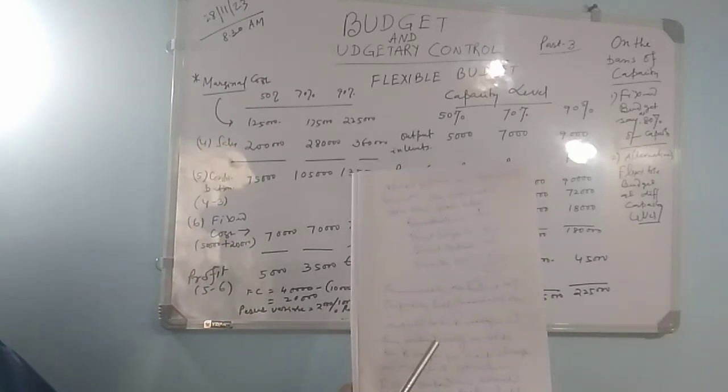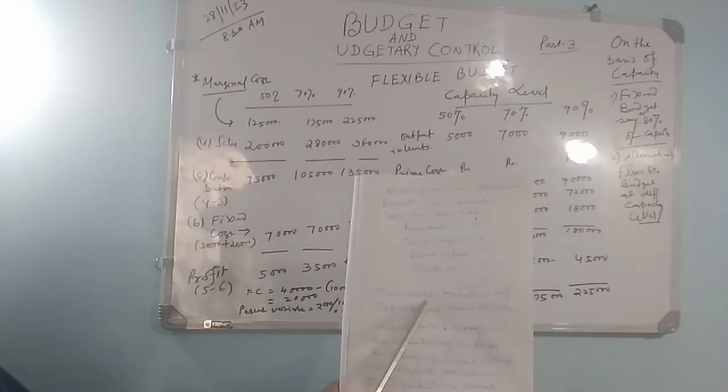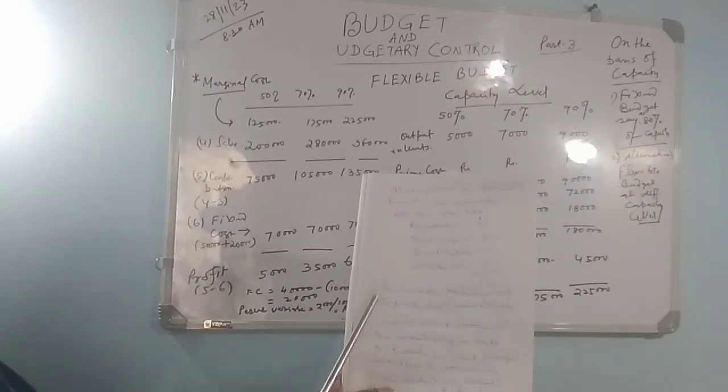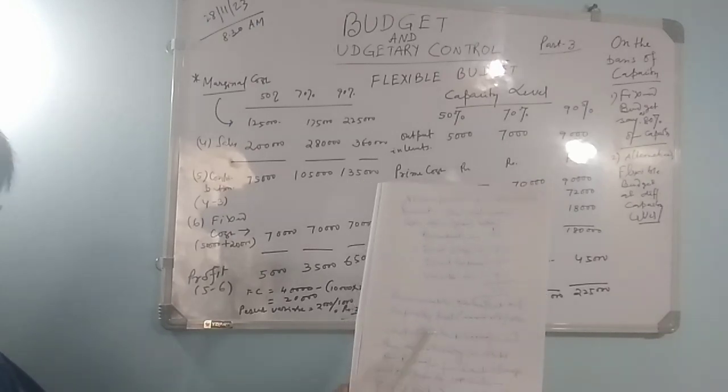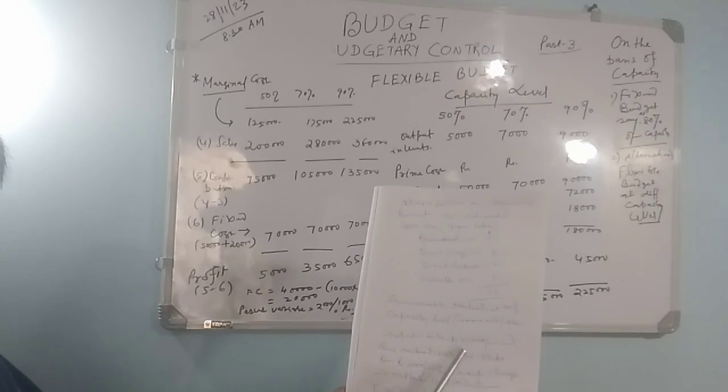Then another item: the semi-variable overheads at 100% capacity level, 10,000 units, are estimated at 40,000, and these overheads vary in steps of 2,000 for each change in output.